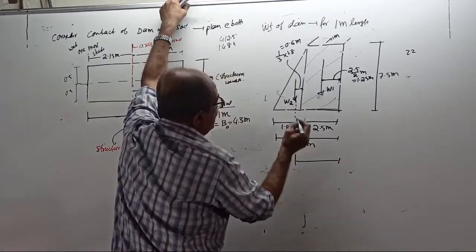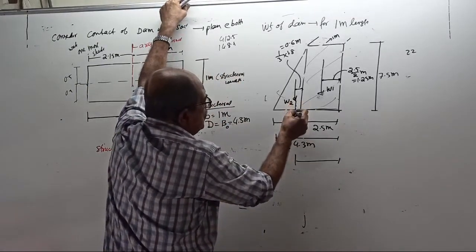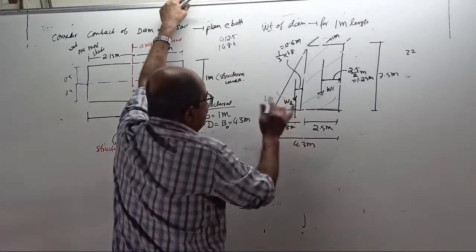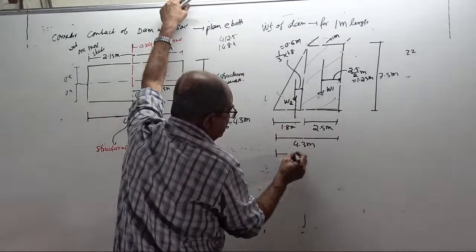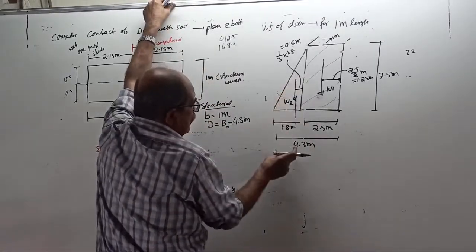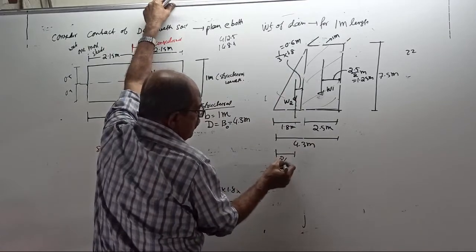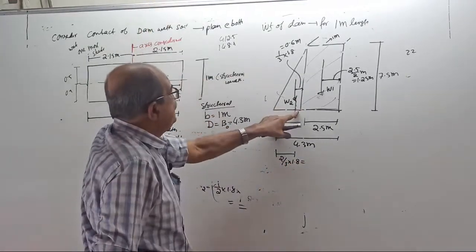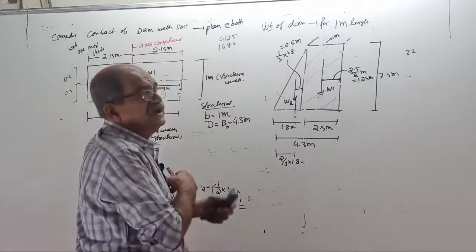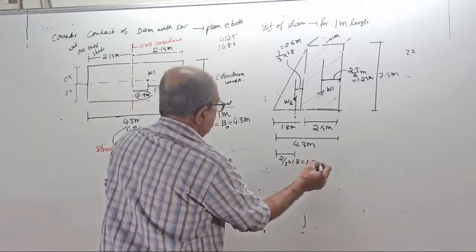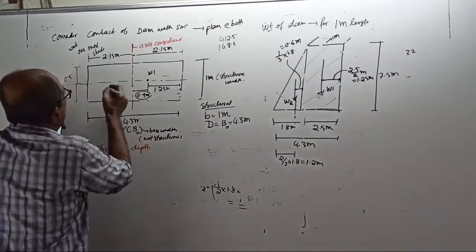This is 4.3 meter. Tell me the W2 distance from here. If it is 1 by 3, this will be 2 by 3 of 1.8, from this edge. 2/3 of 1.8 is 1.2 meter. Therefore, this is 2.15.